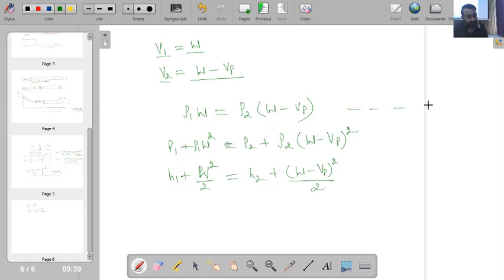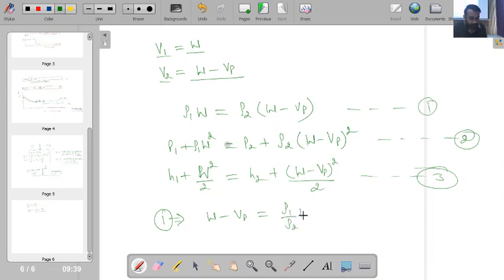Now let me number these equations 1, 2, 3.